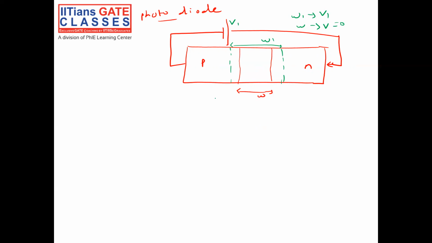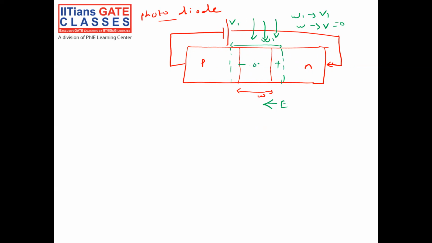Now let's see how the photodiode works. When you put light, it breaks bonds everywhere in the PN junction. But in the P side and N side the net charge is 0, so there is no field to drive the carriers. In the depletion region, however, there is an electric field. Suppose one electron and one hole are generated.